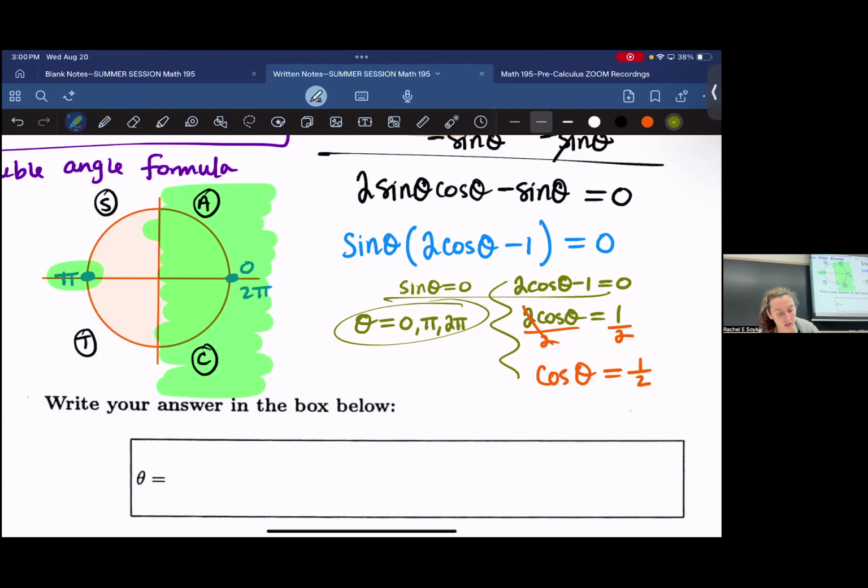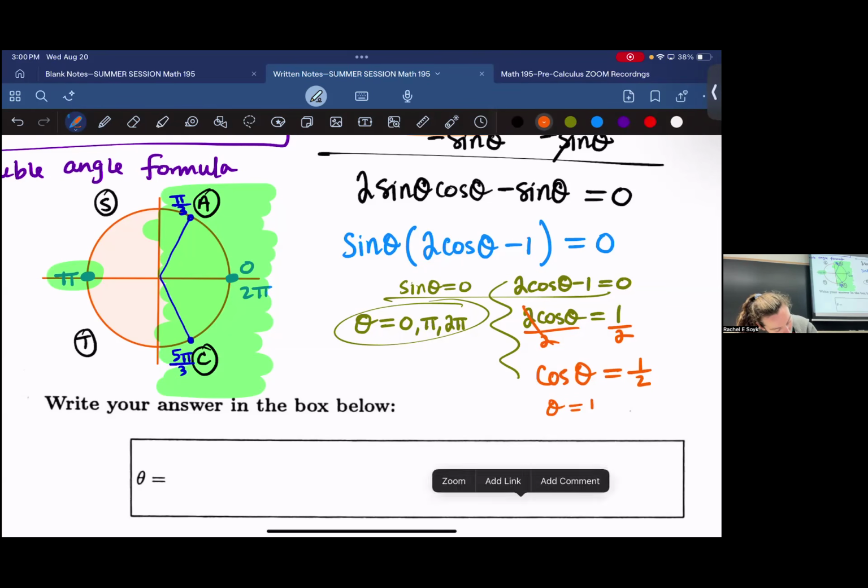So our reference angles in these quadrants are pi over 3, aka 60 degrees. We have one here and one here, which means we're looking at pi over 3, and what is 2 pi minus pi over 3? Good. So our two solutions for the cosine side are pi over 3 and 5 pi over 3.